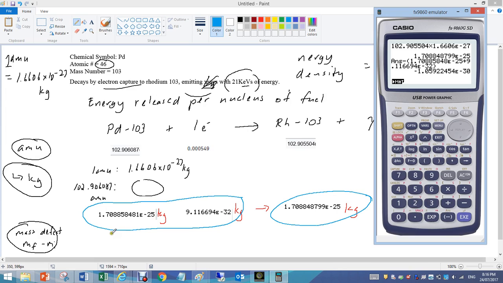And now I know the mass defect, and it's got a negative value, which is good because it's final take initial. We know for nuclear reactions to release energy, it has to be heavier before than after. Some of the mass gets changed into energy. So I'm glad we got a negative answer.